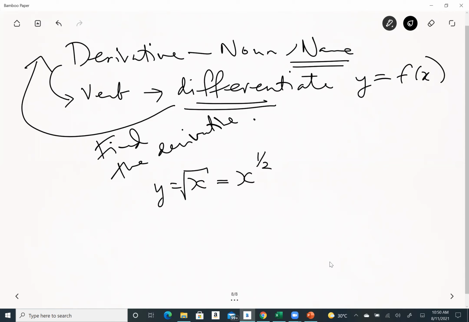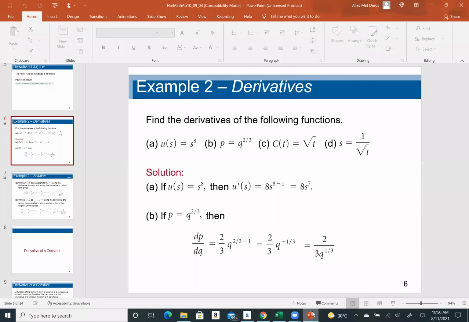Half. Okay, so when you got x to the power of half, what is the derivative? y prime is equal to half multiplied by x, reduce the power by 1. So what do I get? I get negative half. Okay, so anything here, square root or whatever, you have to convert into number rule. All right, so that is power rule.